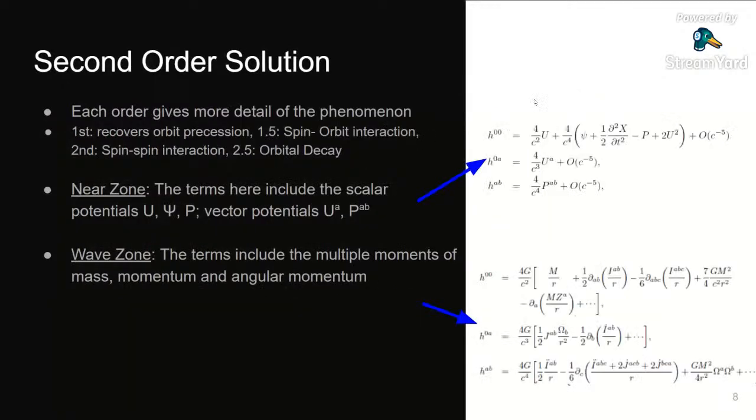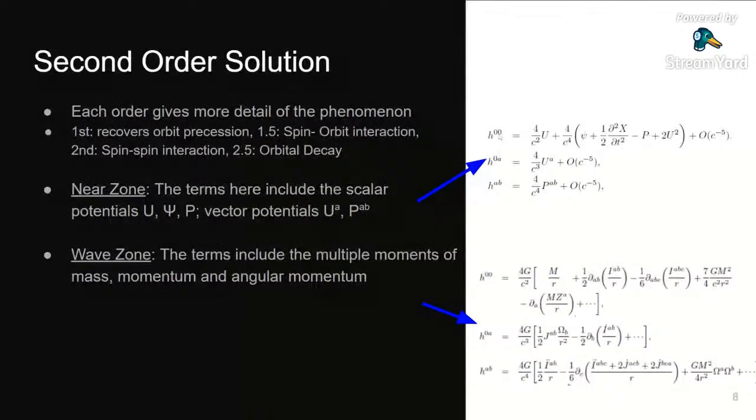After the second order iteration itself, a lot of math goes into it, and these results are obtained. This is the near zone expression for h alpha beta. Alpha and beta can take values from 0, 1, 2, 3, where 0 is the time coordinate and 1, 2, 3 are the space coordinates.